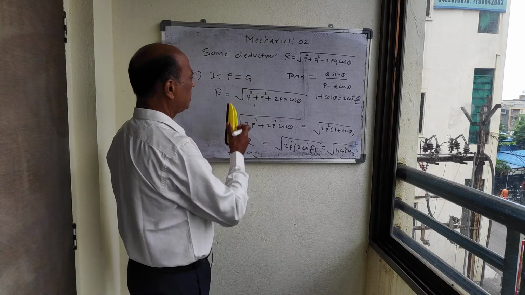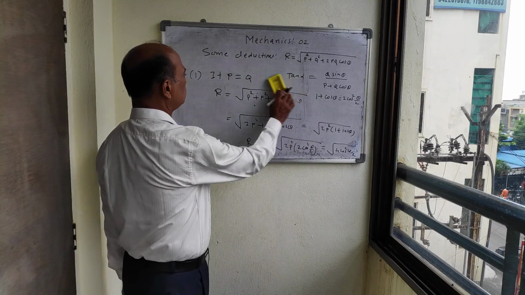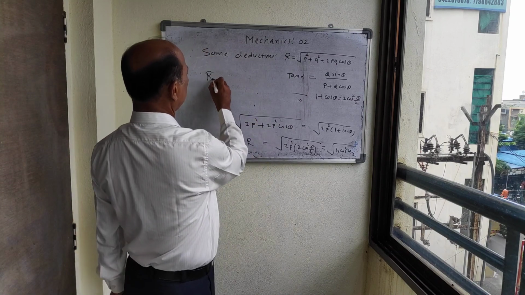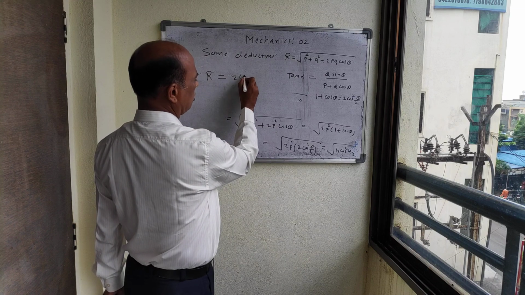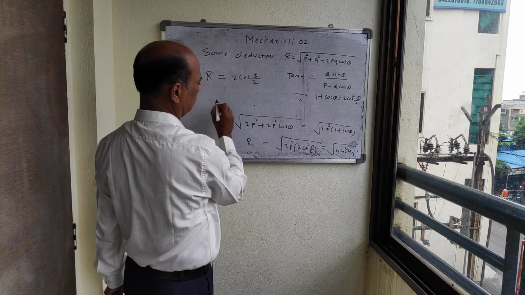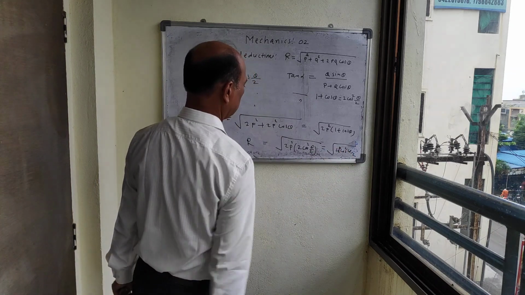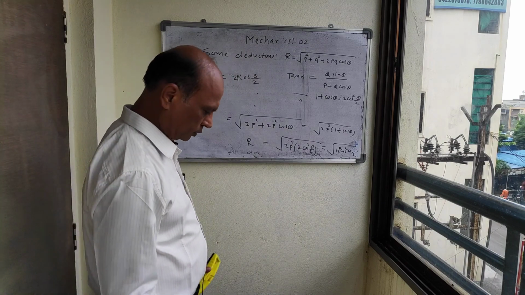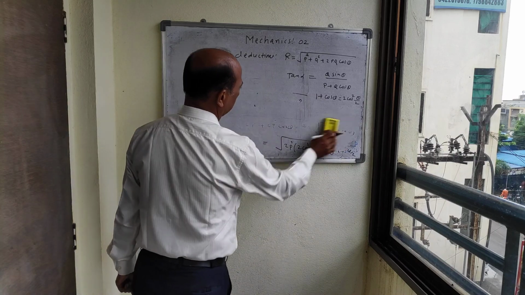So when the magnitudes of the two forces are equal, that is P is equal to Q, we get the resultant of these forces R equal to 2P cos theta by 2. Now in this case what will be the direction?